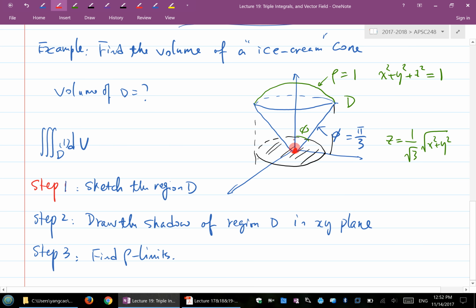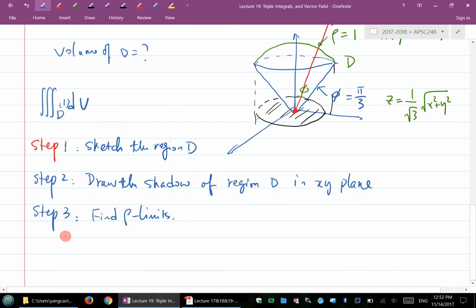Basically, starting from the origin, you draw a reading line out through this region D. So draw a reading line from the origin through the region D. The reading line direction is in the rho axis direction.